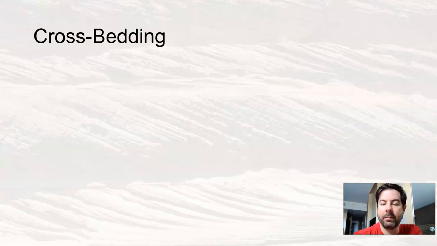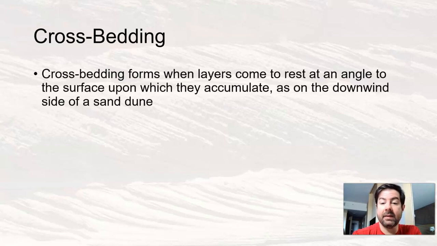So when we're talking about cross bedding, this happens when layers come to rest, instead of flat, at some angle upon which they accumulate, such as when sand gets blown up over a sand dune and gets deposited on this side. It's kind of piling up at a little bit of an angle.